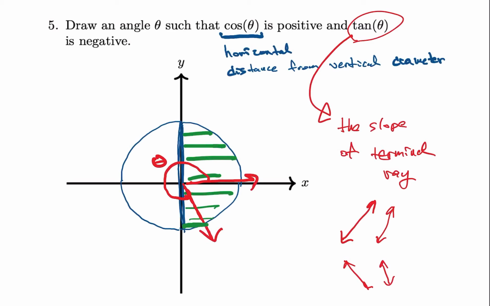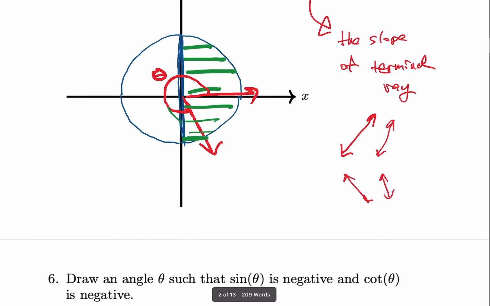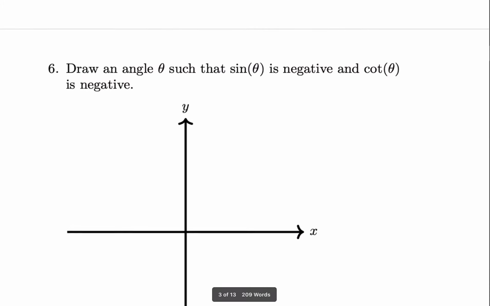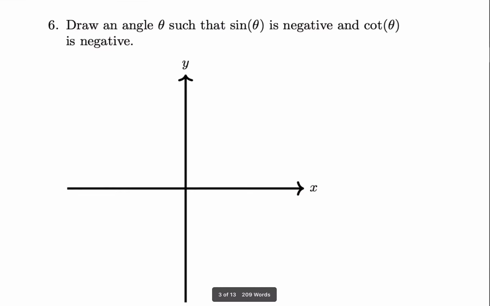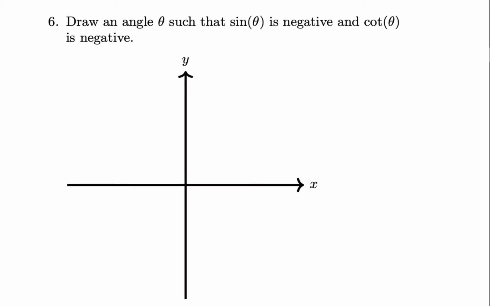And the slope of this red line, this terminal ray, is negative. So this is an angle that will give us cosine theta positive, tangent theta negative. Similar problem, just different trig functions. So again, pause the video, try on your own, then come back.